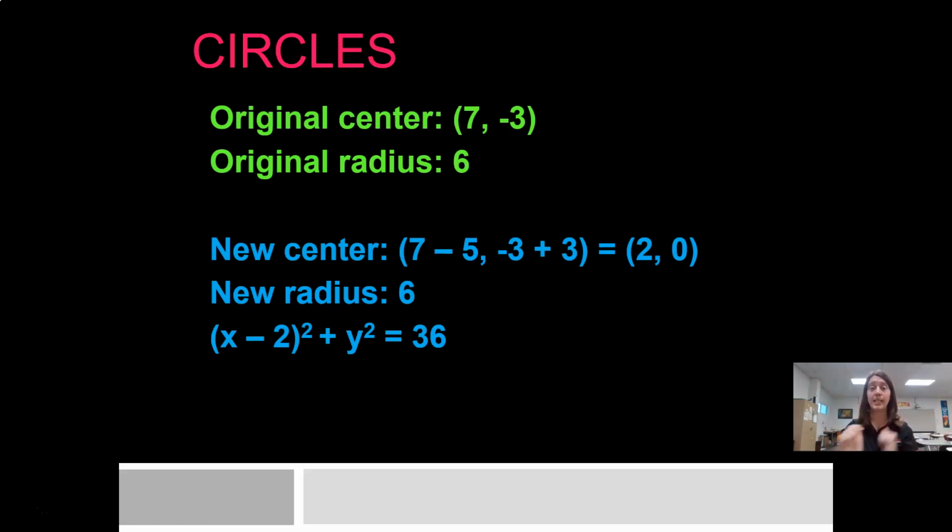So I have the parenthesis (x - 2)² for the opposite, plus y², because that just matched up with 0, and then the radius squared, so 6² was equal to 36. Notice the right side of this equation is the same as the right side of the original equation because the radius is not affected when we're doing translations. We are only affecting the center of our circle.